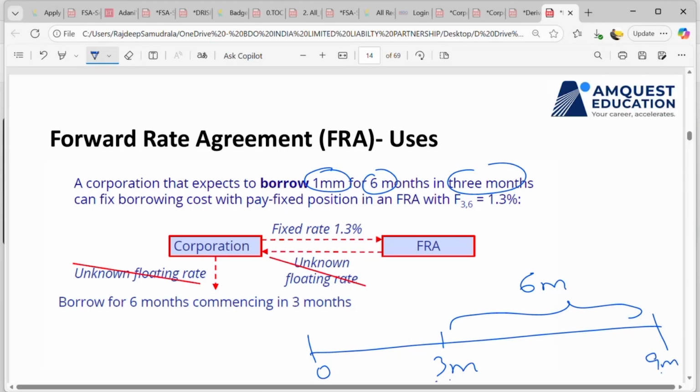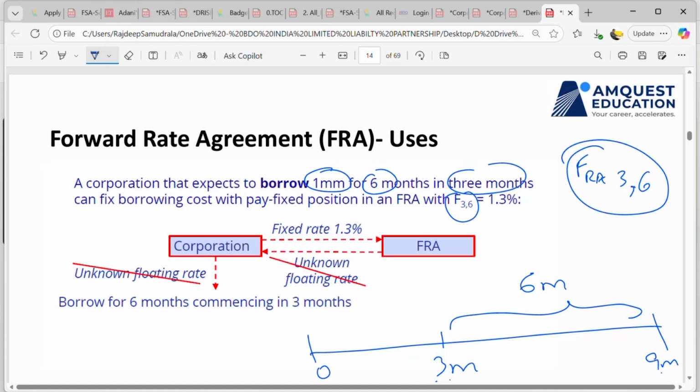So from today the deal ends in 9 months, right? So this is also an example of FRA 3, 6. Not 3, 9, but 3, 6: after 3 months, for 6 months. So please learn this notation. They ask in the exam. FRA 3-6. After 3 months, 6 months, so total 9 months.